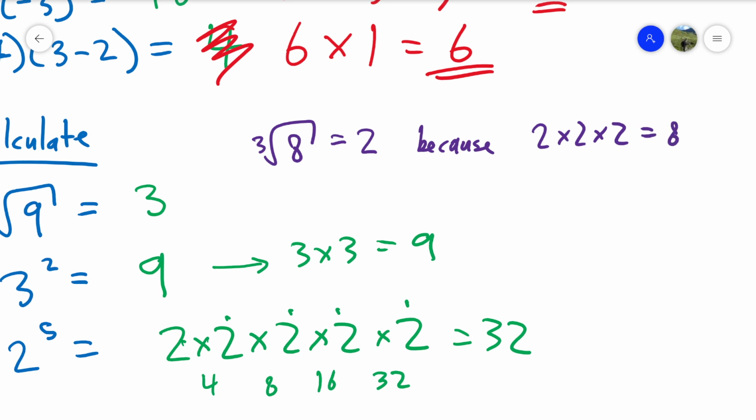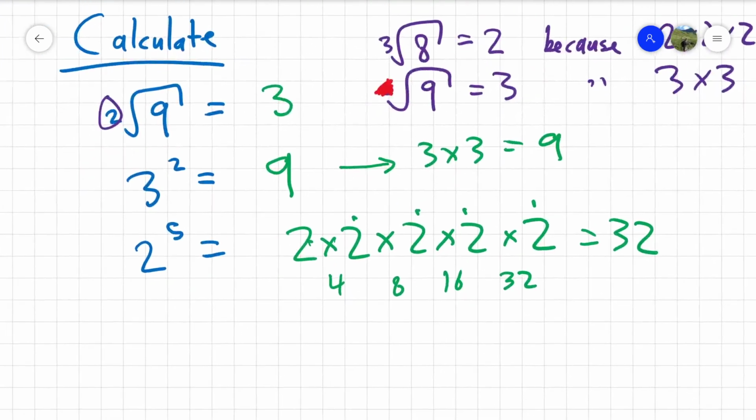The cube root means what times by itself 3 times makes 8. So if I write the square root of 9 is 3, I can say it's because 3 times 3 equals 9. Do we normally just write the square root of 9? We do. Is this a pet hate of mine in mathematics? It is. I don't know why mathematicians are lazy, but they are.